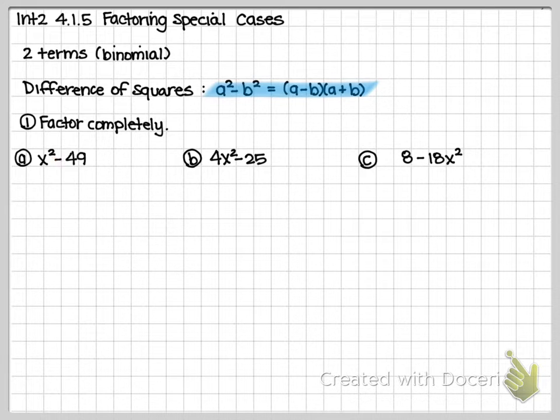All right, so the next thing we have to do is determine whether or not we could square root each of the terms. Notice that I'm ignoring the subtraction because that's the difference part. So I have to ask myself, can I square root each of those? And yes, I can, absolutely. So I'm going to square root the first term. Let's do a little bit of color coding here.